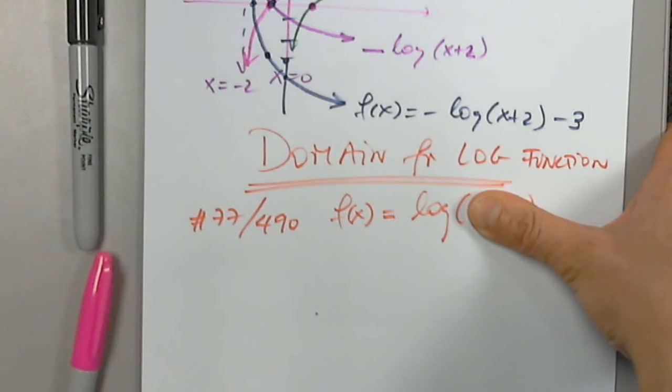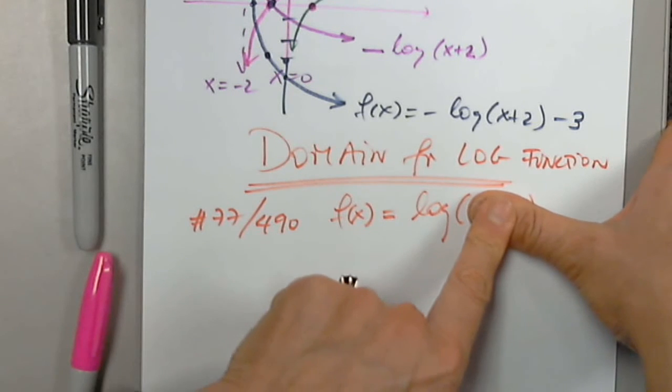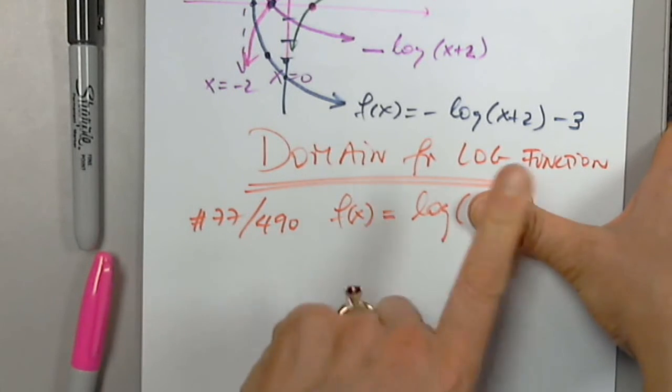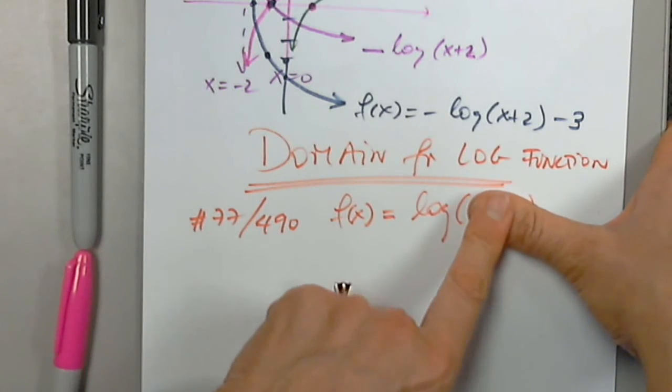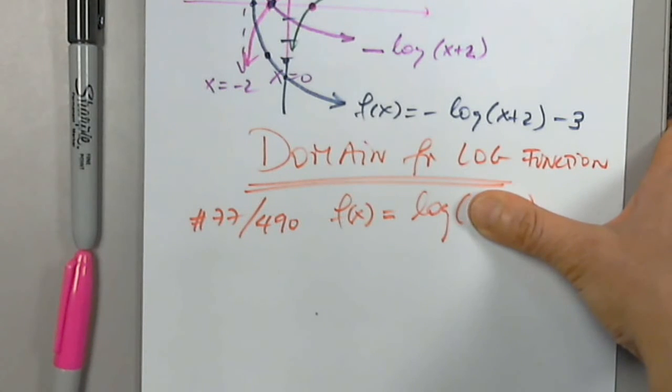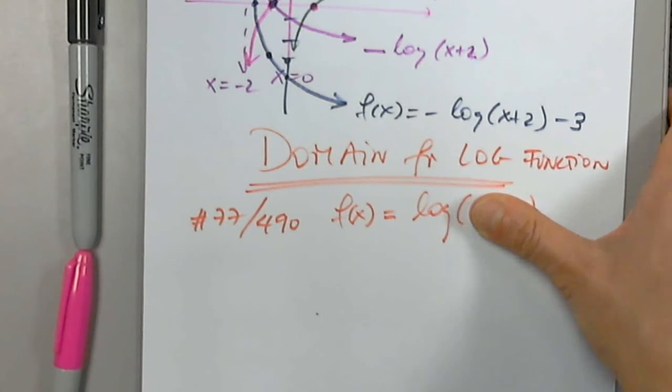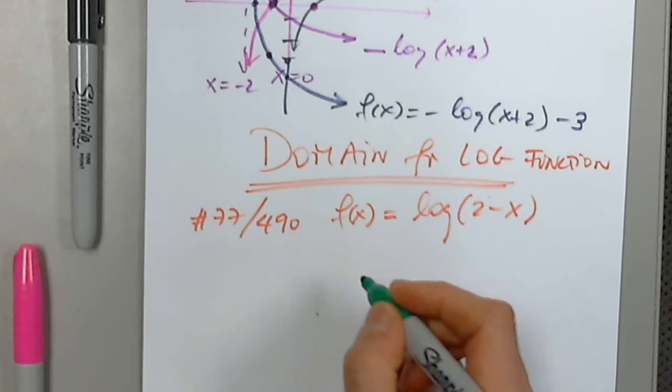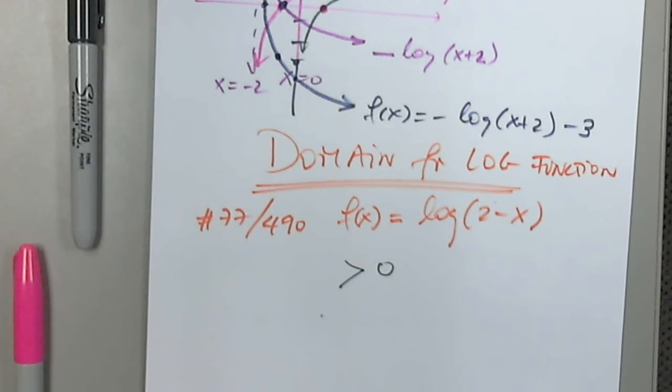What type of number should this be so I can apply log to it? Any positive number? Correct. So if it has to be a positive number, then what am I applying log to here?